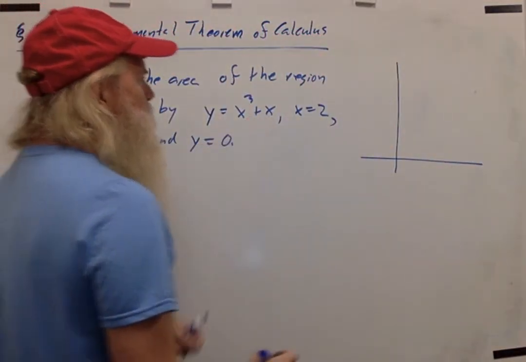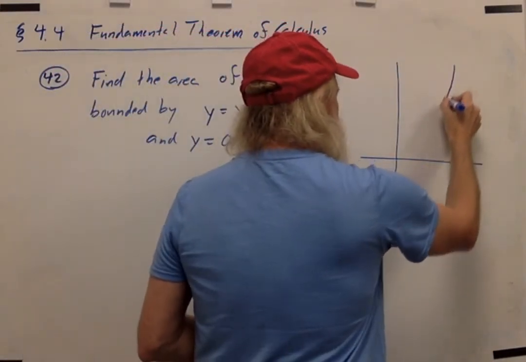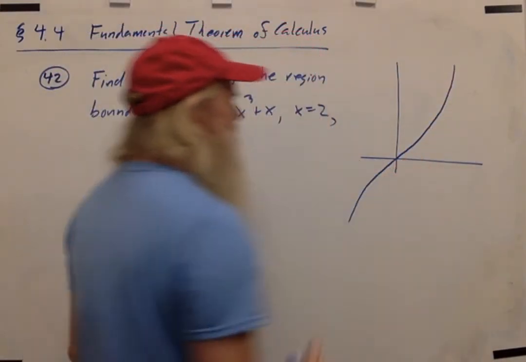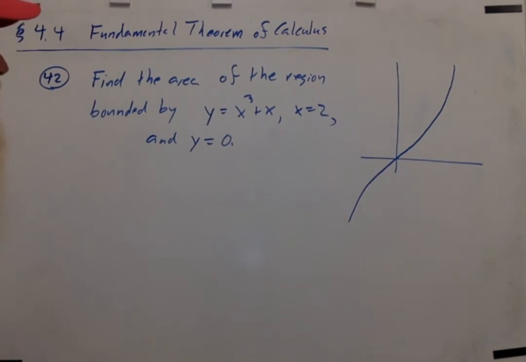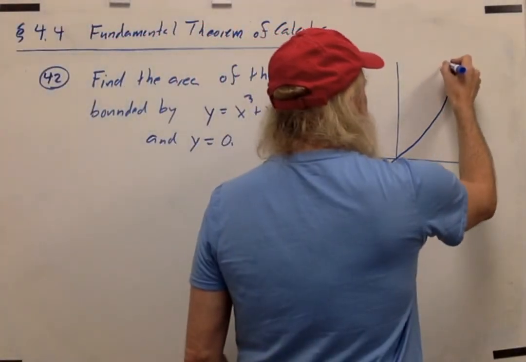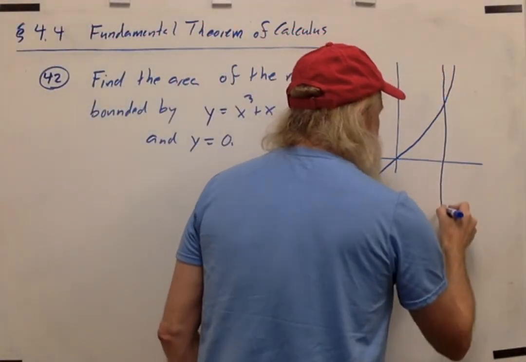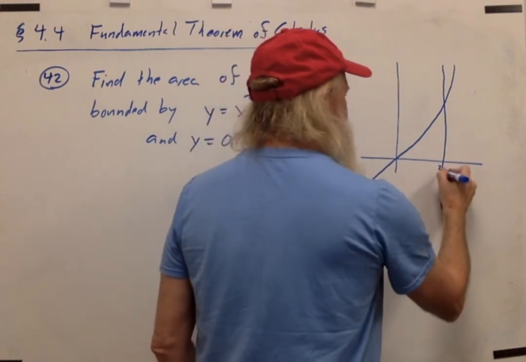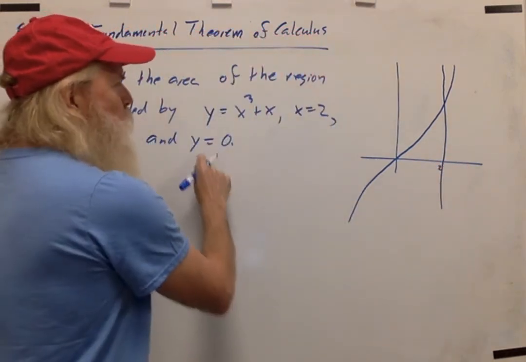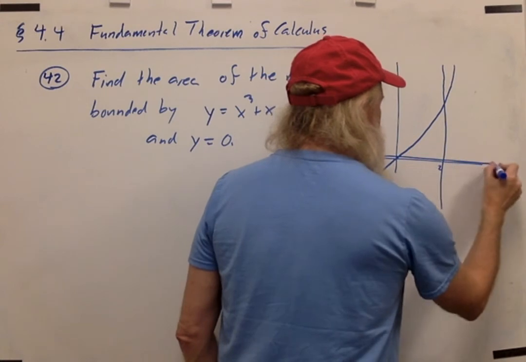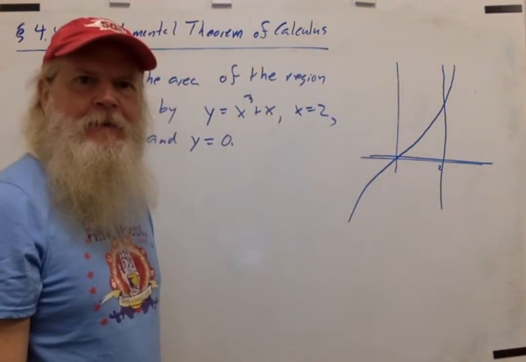Y equals x cubed plus x is a cubic function that looks something like this. X equals 2 is a vertical line crossing the x-axis at 2. And y equals 0 is another name for the x-axis.